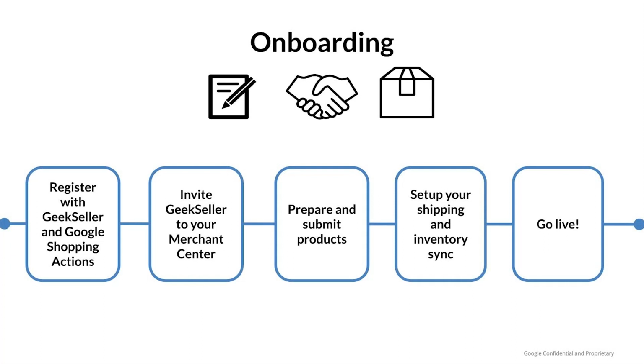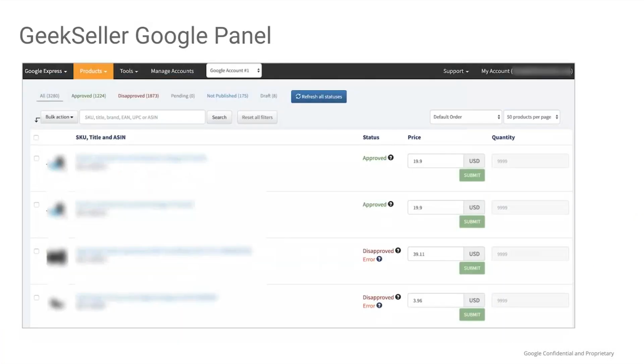From there, we will just go through the steps that we have lined out in our documentation to go live. This is just a preview of the GeekSeller Google panel. The GeekSeller Google panel operates in essence like many of our other GeekSeller panels. You can manage your products from here.